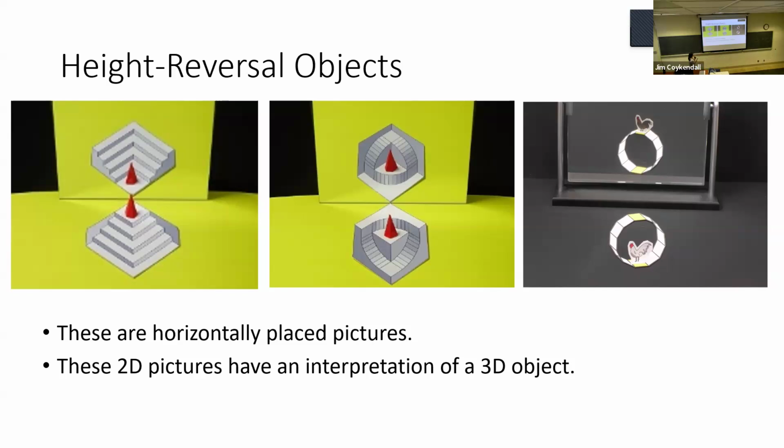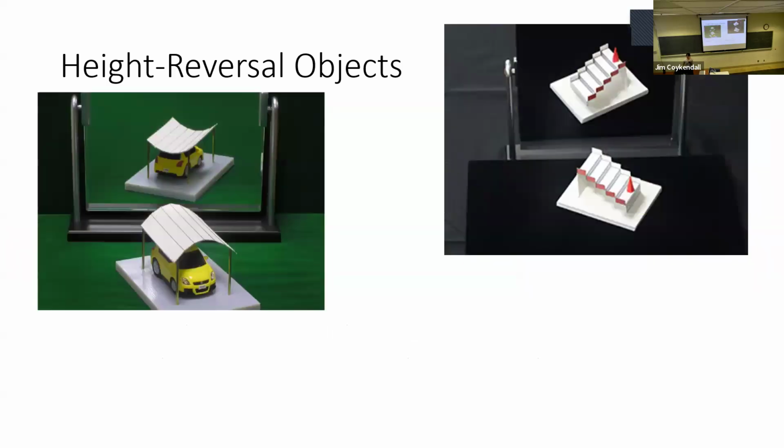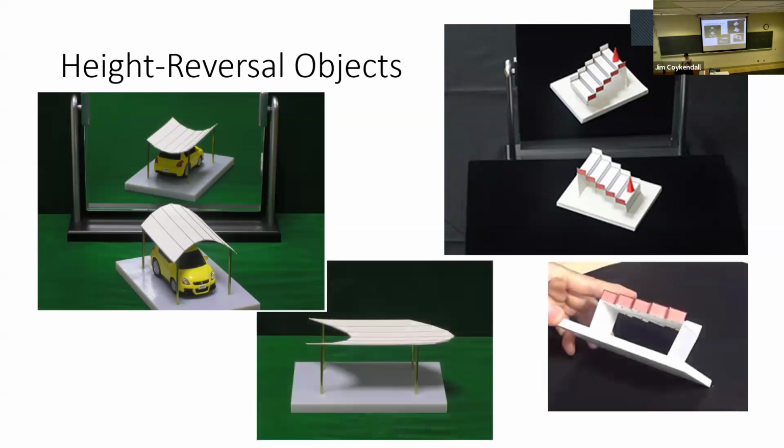When we choose these objects or these pictures, we will try to find some 2D pictures that have interpretations of a 3D object that will make you feel that this is not a plane but something else. Then it just gives you the impression that the cone is on the top, but actually the cone is just on a piece of paper. Using this idea, there are different variations again.